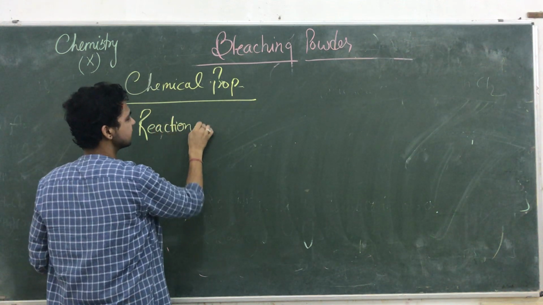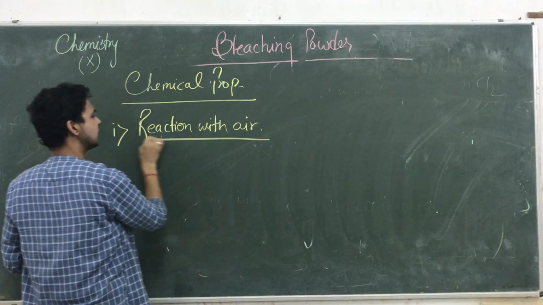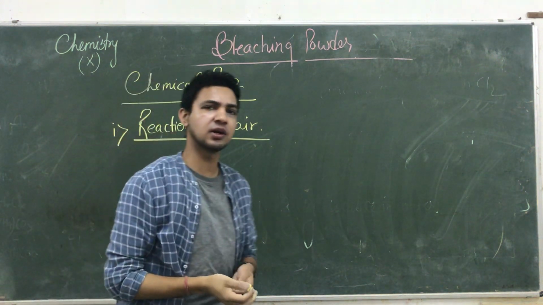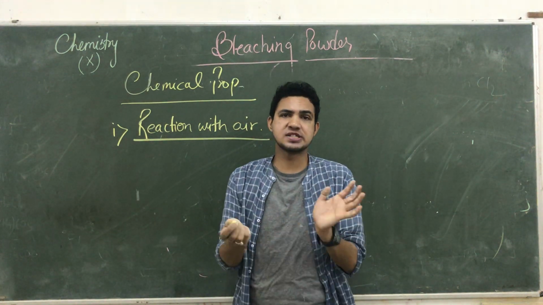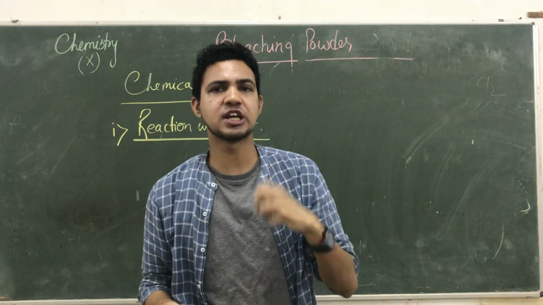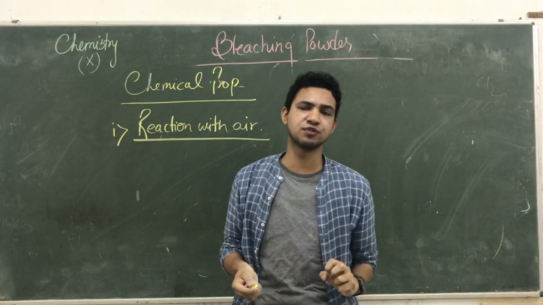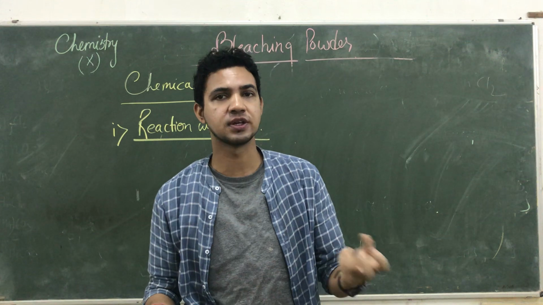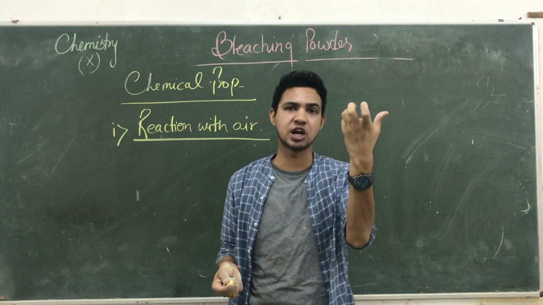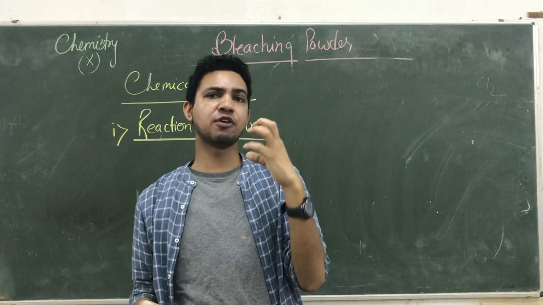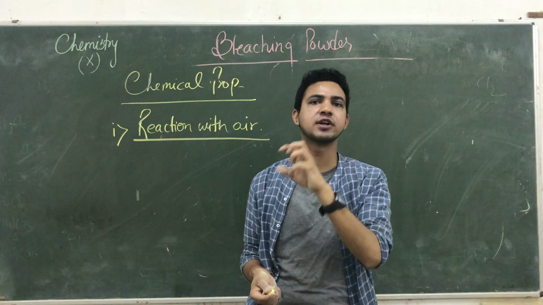What do you think reaction with air means? Reaction with O2? No. If bleaching powder is kept in the surrounding atmosphere, it is only able to absorb carbon dioxide from air, because air is a mixture of gases. It is not able to react with oxygen, only able to absorb a large amount of CO2. After absorbing a large amount of CO2, it gives you a dark white colored substance.